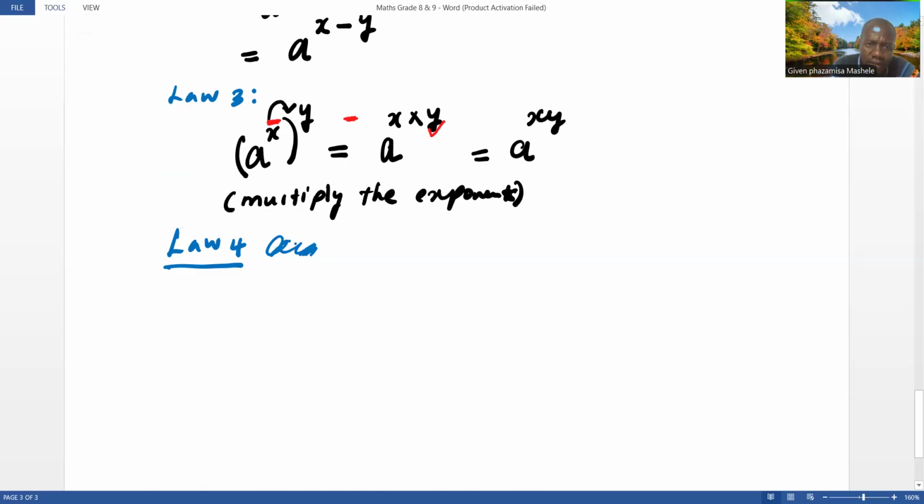Multiple bases, but they have one exponent.